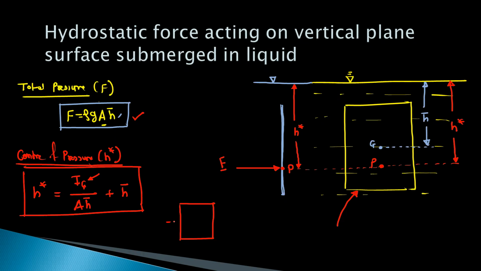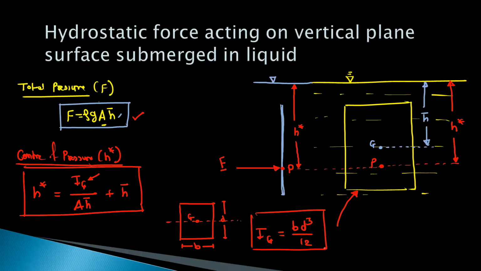So for the rectangle, this is the centroidal axis. This is CG. Okay. So if this height is D and this is B, then moment of inertia about center of gravity is given by this formula, which is B D cube by 12.